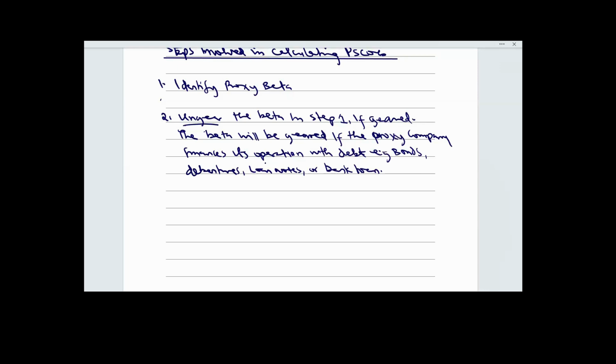All right. So that's how to know whether the beta you have identified in step 1 is geared.